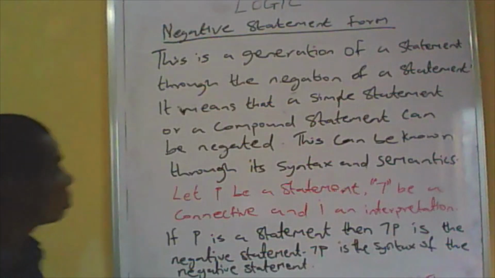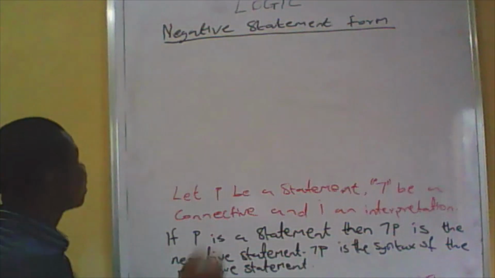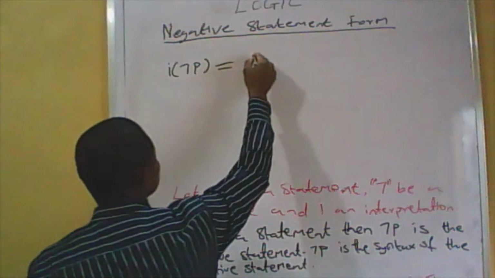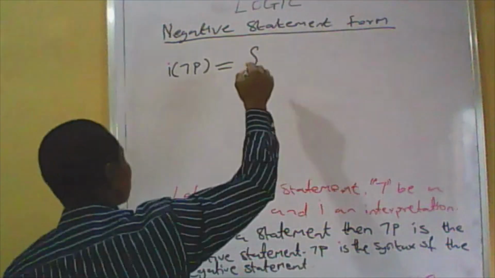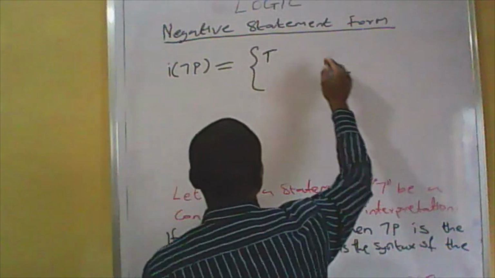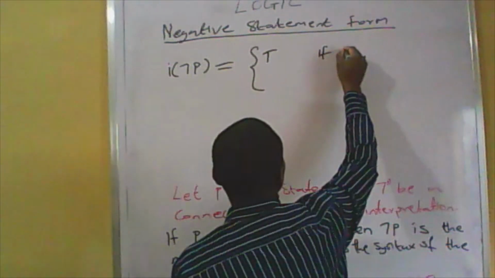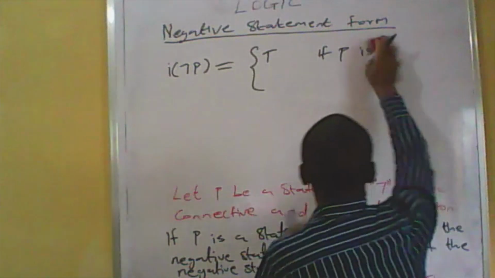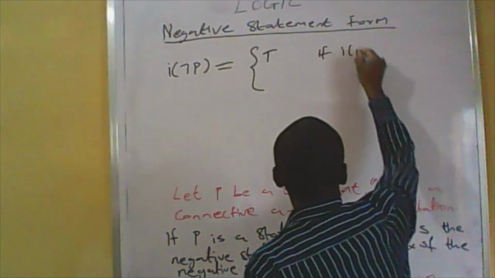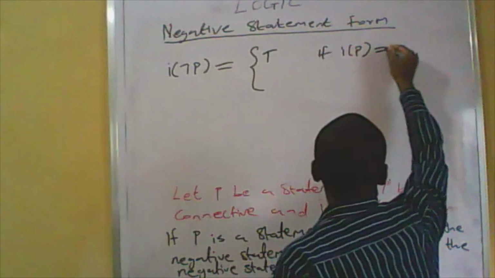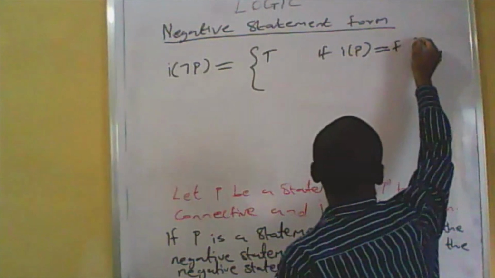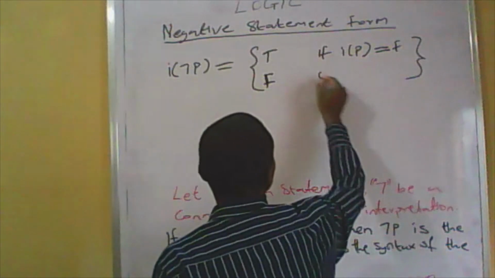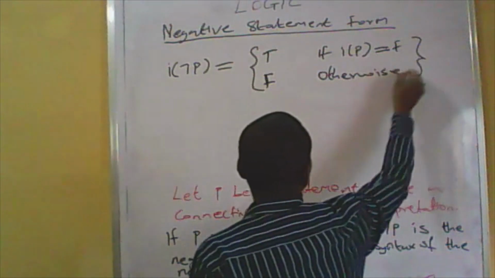Let's go to the semantics. We write I of not P is equal to T if I of P is equal to F, and F otherwise.